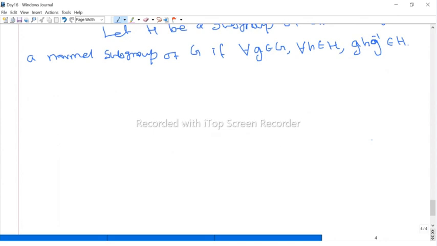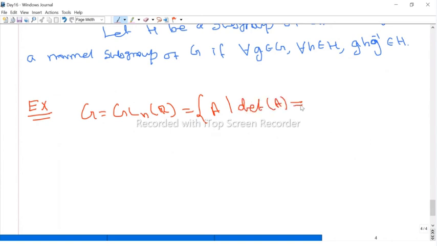So for example, if you take the matrix group, we know already the set of all invertible matrices, that is our G, is GLn of R. GLn of R means the set of all n by n matrices A whose determinant is non-zero. This collection forms a group with respect to matrix multiplication.